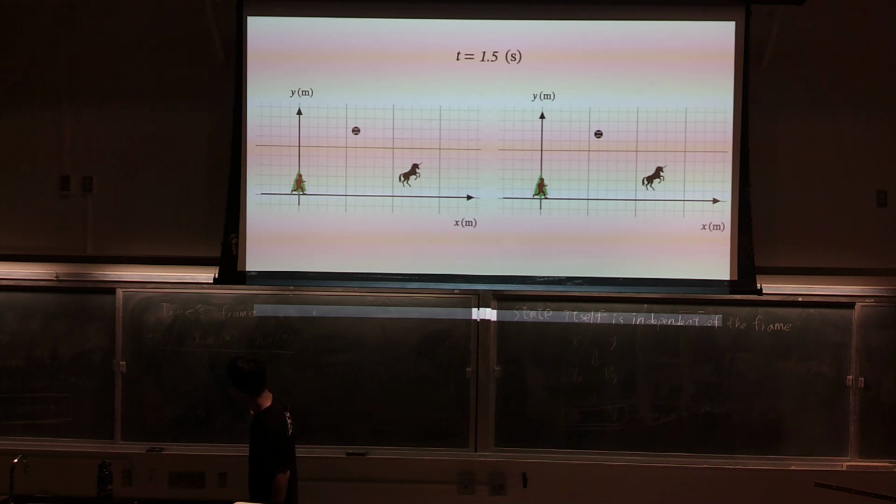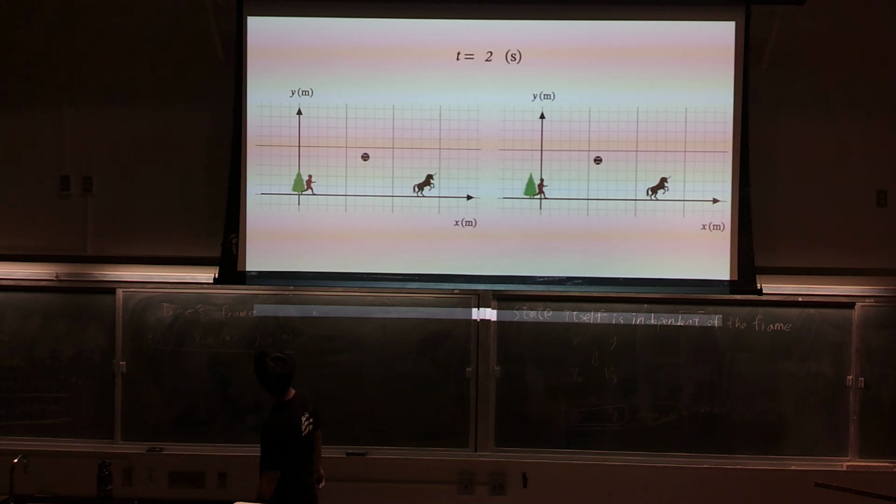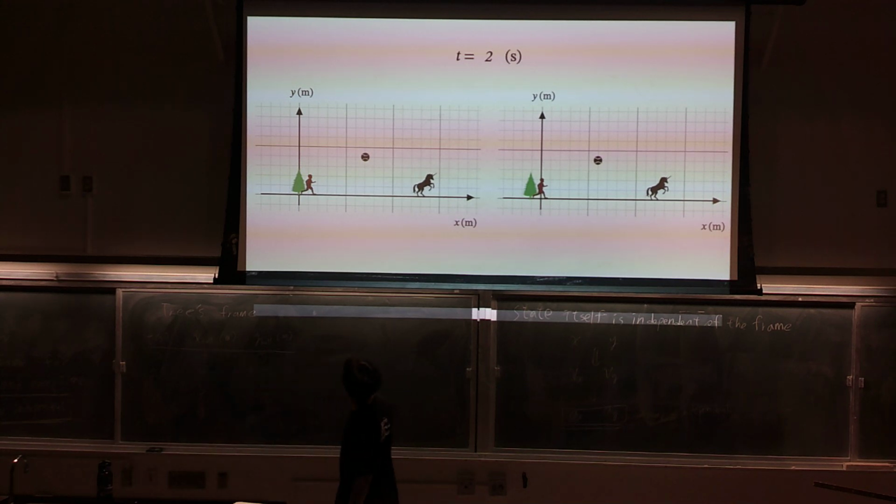I skipped one. This is 1 second, so it should be 6, 7, and here is 6.75. This is 1.5. So at t equals 2, the x position of the ball moves to the right one more. It becomes 7, and the y position becomes 1, 2, 3, 4.